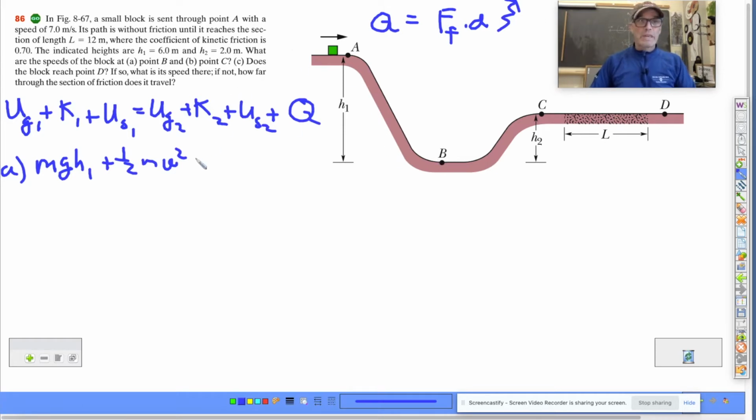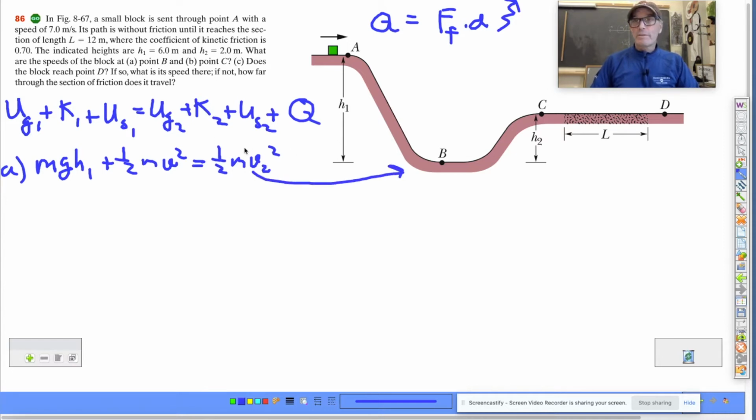Here I'm at B, the lowest point possible. The energy at A is going to equal the energy at B. I'm at the lowest point, I'm moving, obviously, there's no spring involved, and I haven't dissipated energy due to friction. So this will be the 1/2 mv2 squared, the velocity at B for this part.